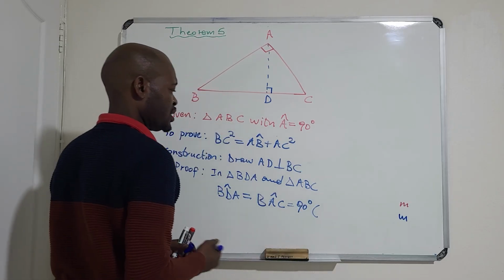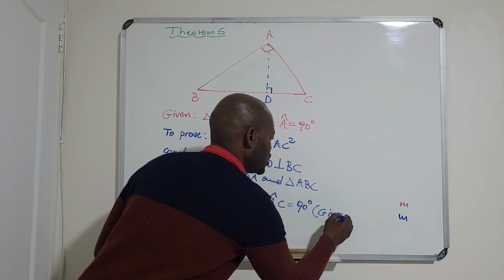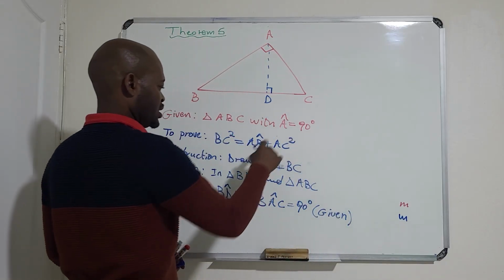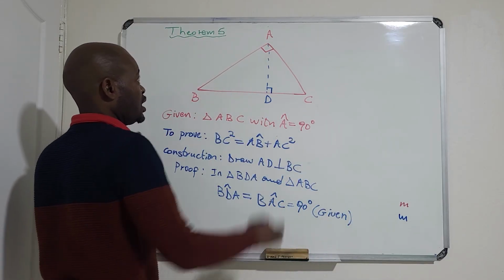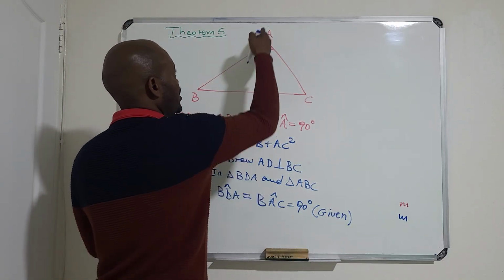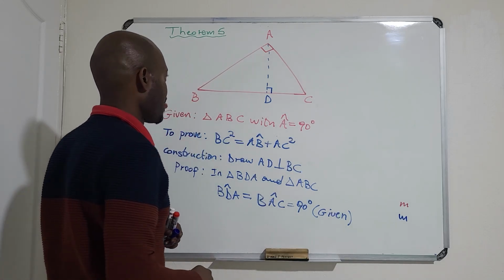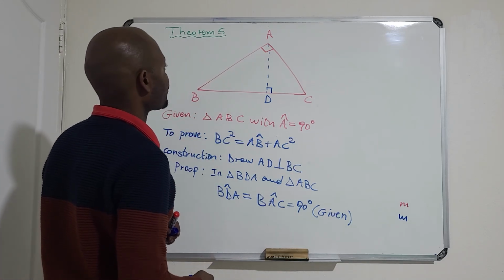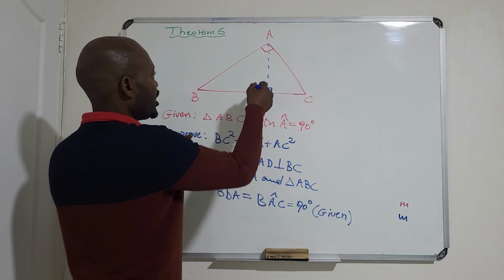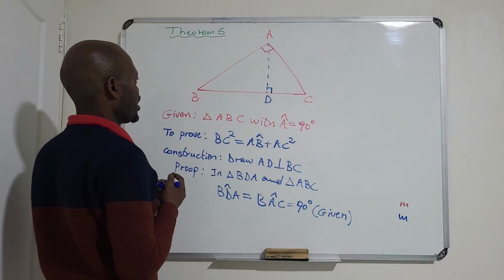Why are we saying that? That is because we're given that. We're given that angle A is 90, and we're told to construct in such a way that this line is perpendicular to that line. So we're given. Now we know this angle is equal to that angle in this triangle.